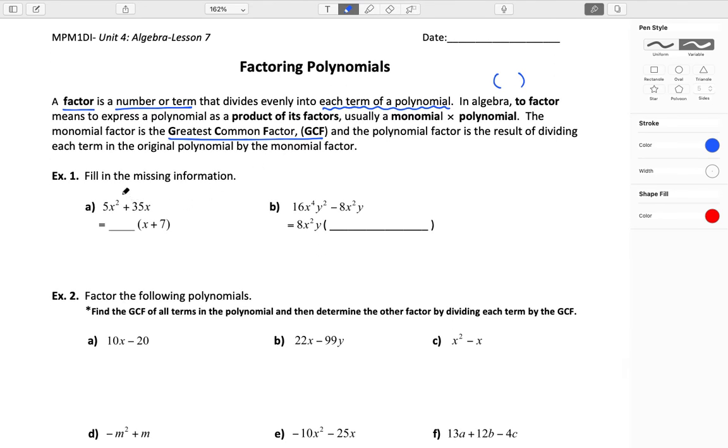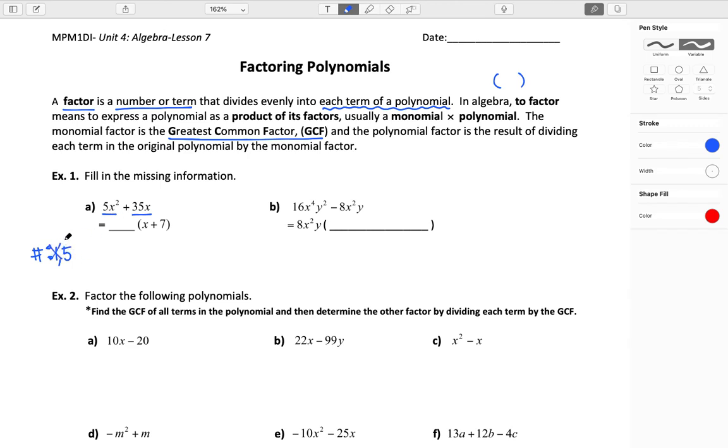Number 1a. We are given two terms here, 5x squared, term 1, and positive 35x. Let's start with the number. What is a number that goes into both 5 and 35? Well, the greatest number is 5. 1 definitely goes into 5 and 35, but we want the greatest number.